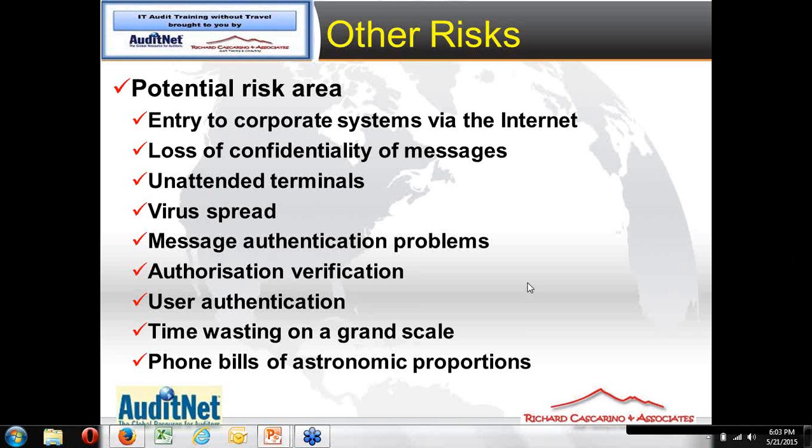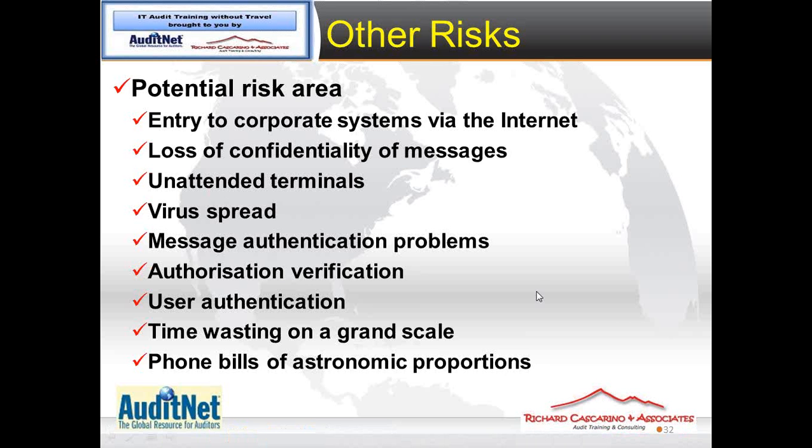Or simply authentication problems with our messages, so we don't know for a fact where this is coming from. We've got authorization verification, user authentication. And with the internet in the corporate environment, time wasting on a grand scale. You can also end up with phone bills of astronomical proportions when the kids are using the social network.